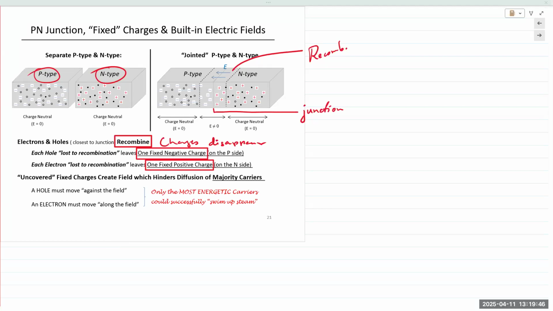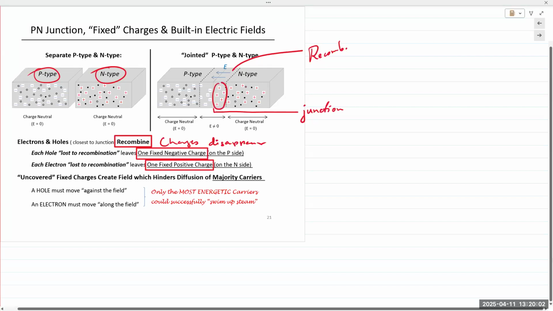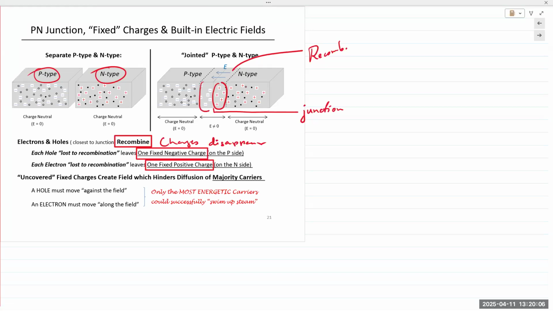Okay. So again, holes and electrons cross over, recombine, charges disappear, meaning the free moving charges disappear, but there are fixed charges due to the ionized atoms on both sides. So on the N side, we have positive charges, and on the P side of the junction, you have buildup of negative charges.